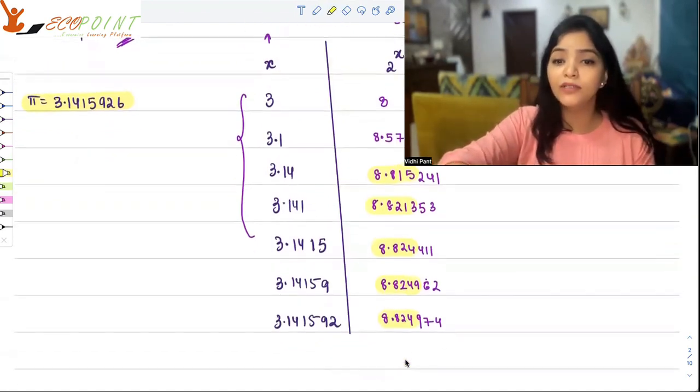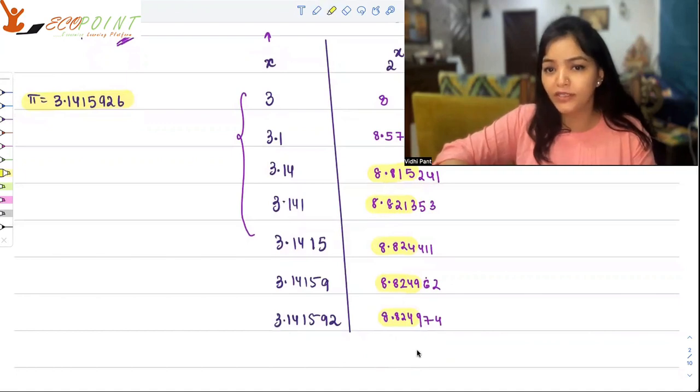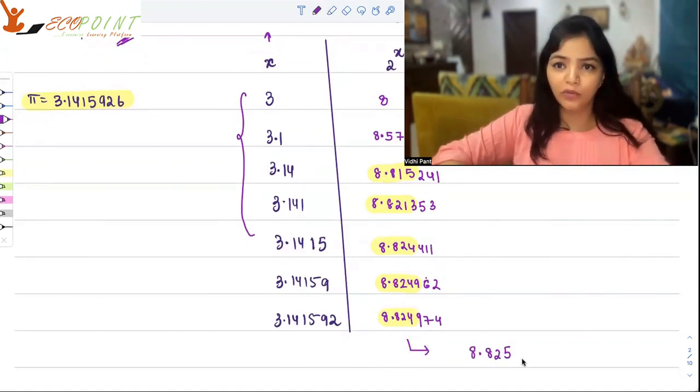If you notice later on, it is almost approaching 8.825.